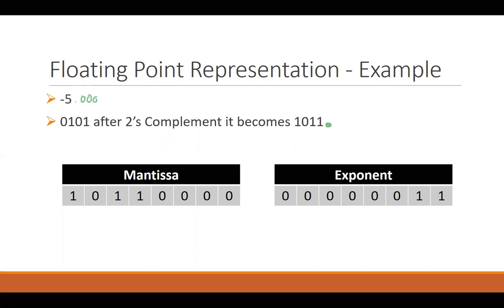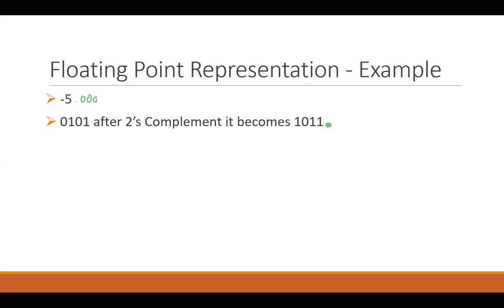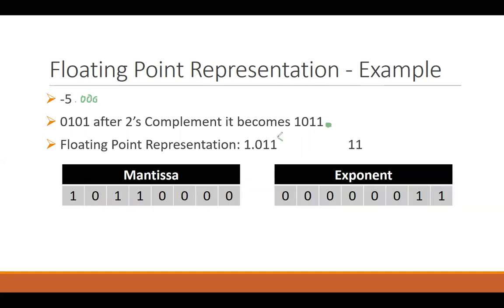So what I'm going to do is take the binary point from this and write it three places to the left. So since I have moved my binary point, my exponent is actually 3, and the representation of that 3 is 11.